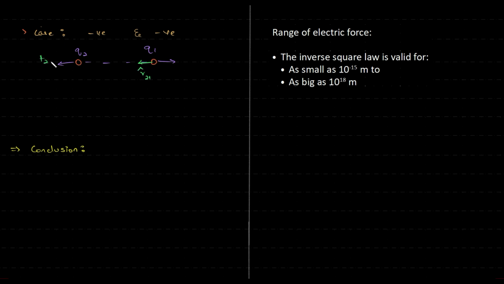So that's our F21. So clearly we can see that they're in the same direction. So positive, this indicates that it's in the same direction as R21. So what we are trying to tell over here is that the formula takes care of directions, all possibilities.